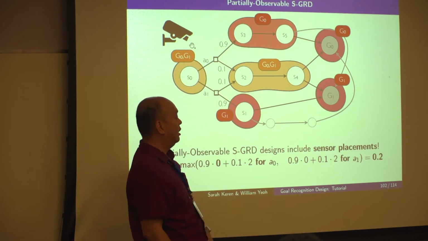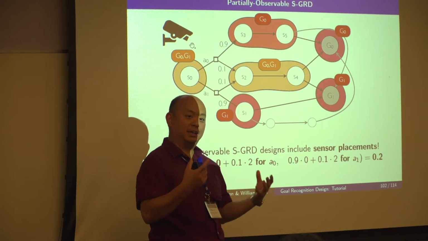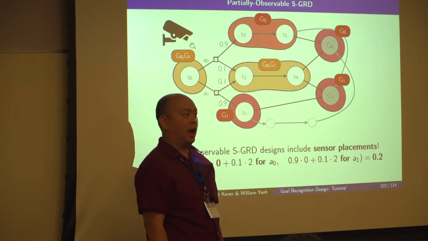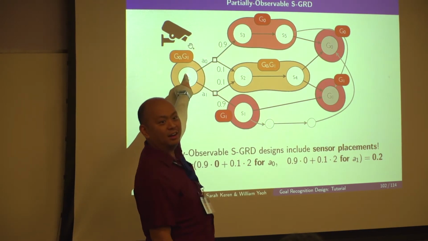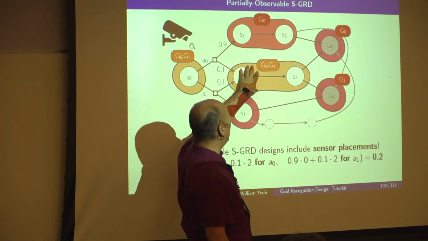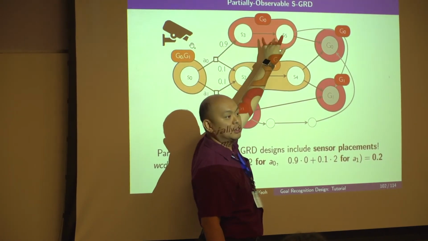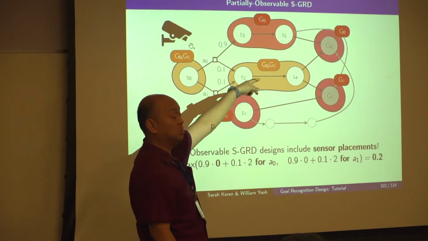So in this setting, if I could only place one sensor that could tell me exactly whether an agent is at that state or not, I want to place a sensor right here. Because if the agent is not here, I know that it's in this blob, this blob, or this blob. But if it's in this top blob, I don't really care which one it is, because then I know that the goal is G0.